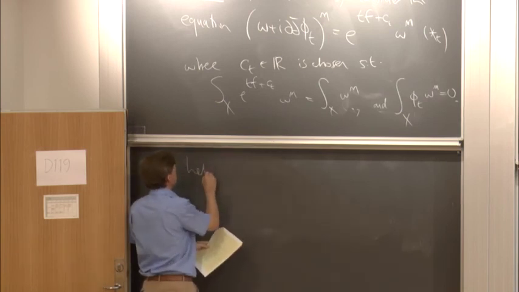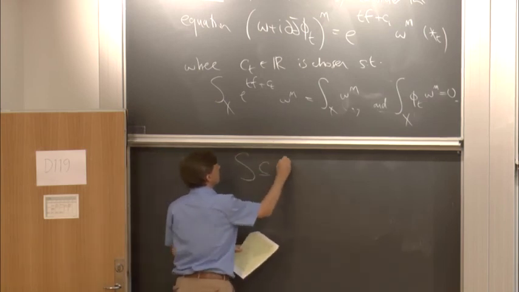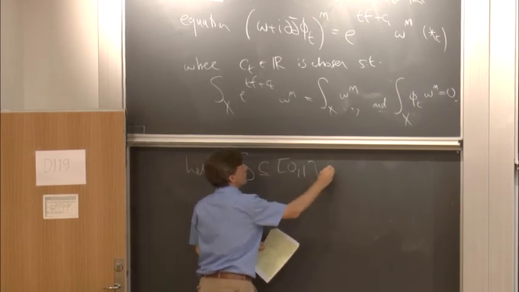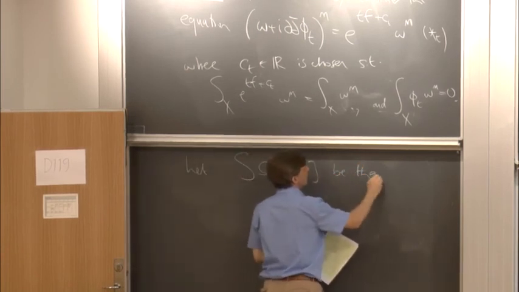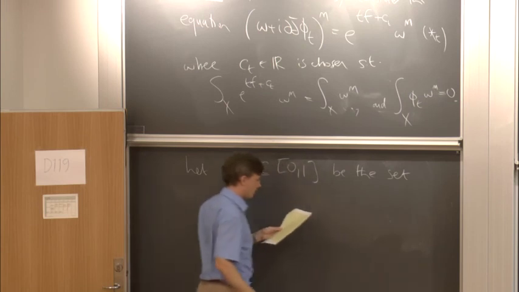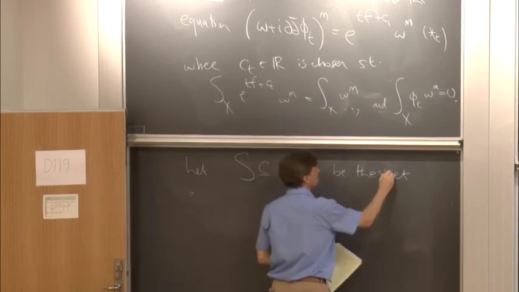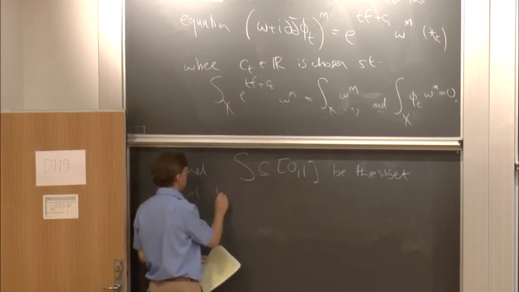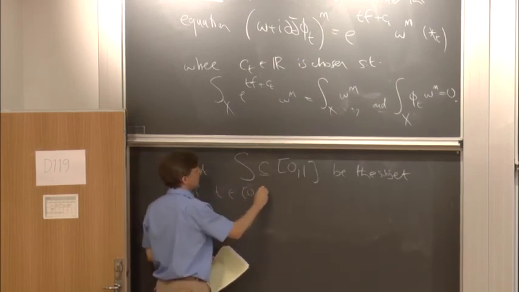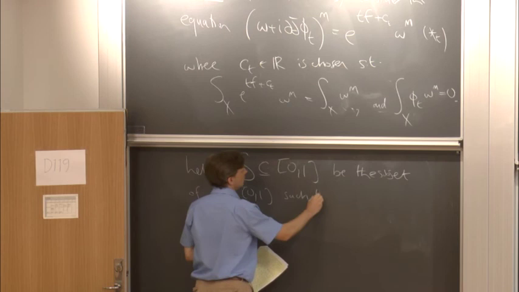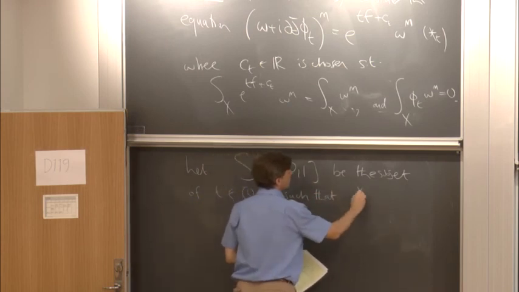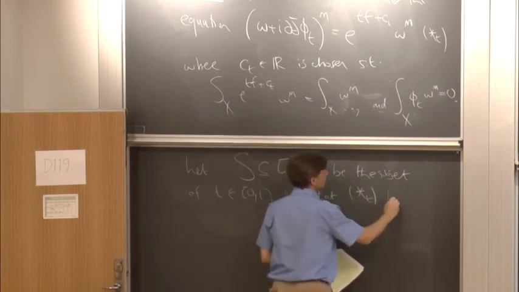So let big S contained in 0 up to 1 be the subset of t in [0,1] such that equation star t has a solution.